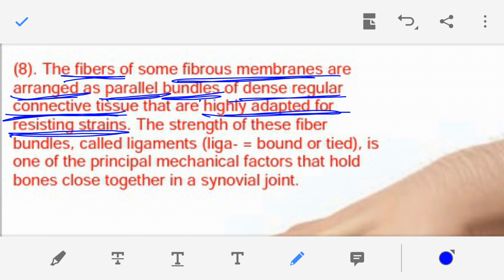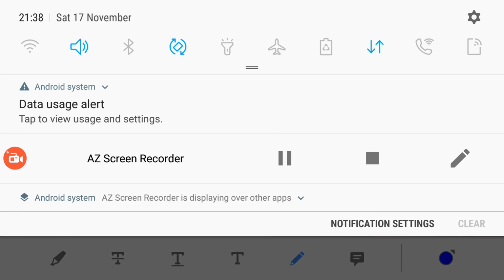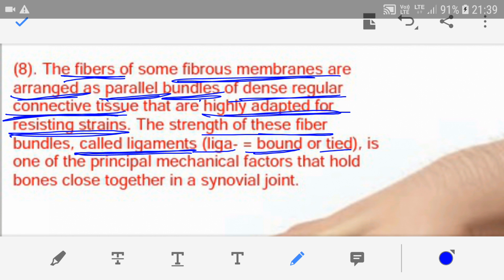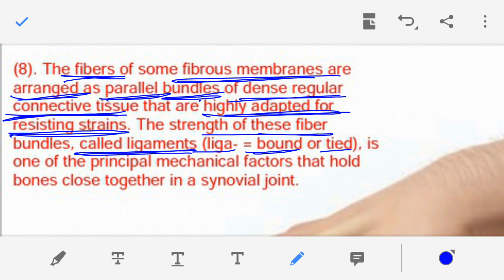These bundles of connective tissue with the collagen fibers are known as the ligaments. Ligaments bind or tie. So in short, the ligaments are made up of the fibrous membrane, the bundle of regular connective tissue, and the collagen fiber.